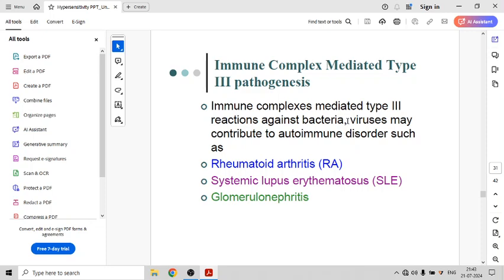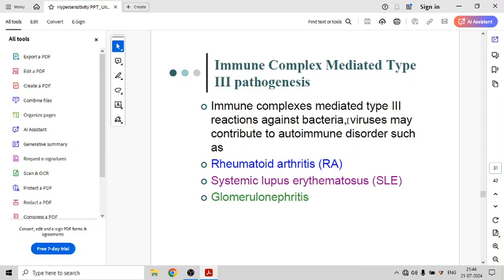So in fact, it may lead to even systemic lupus erythematosus, which is also a kind of autoimmune disorder. The bacterial, viral antigens which enter the body in large amount in the form of vaccine could result in this symptom.